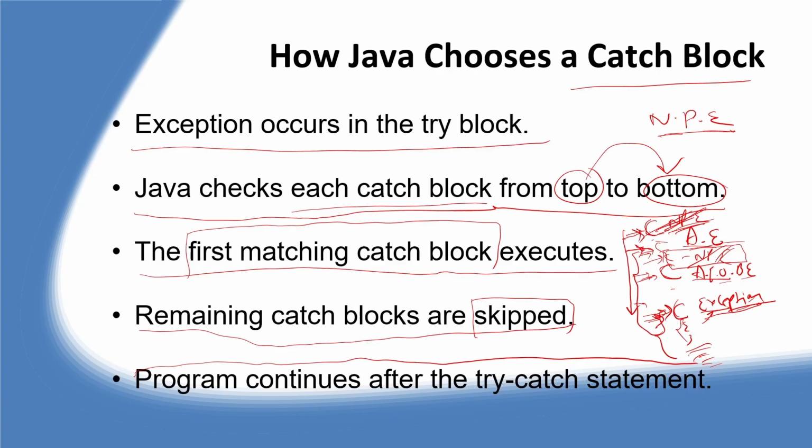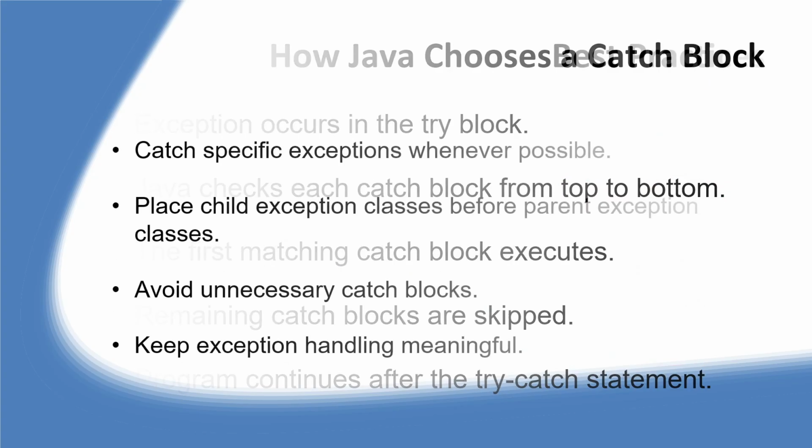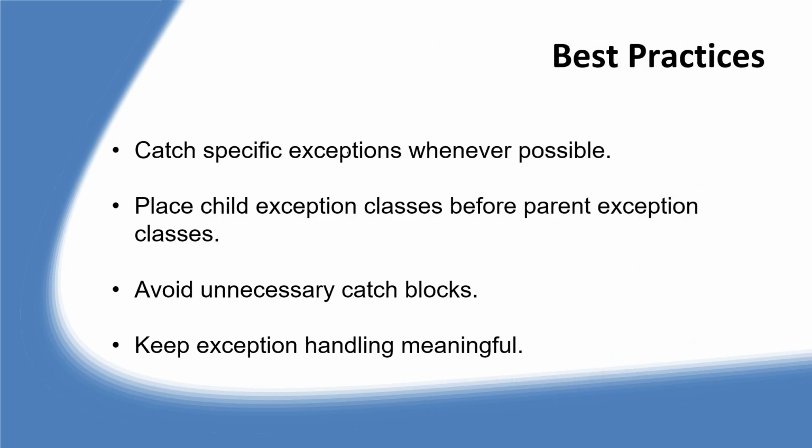So let's see some best practices we should follow while writing the code. Catch specific exceptions whenever possible. If we already know we might get a specific exception inside the try block, then we should specify the catch block for that particular exception.